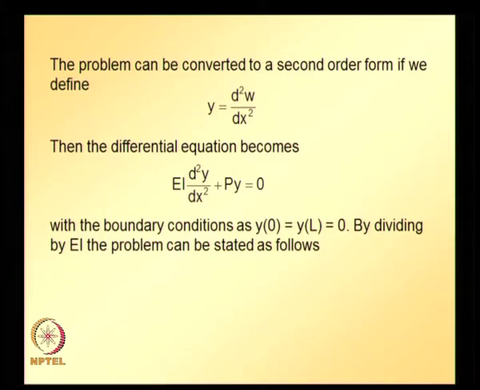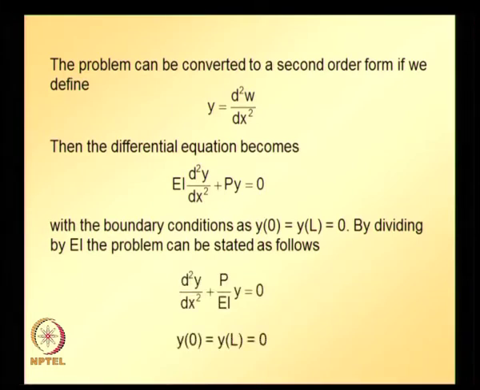We already know that the second derivative of w with respect to x square at x is equal to 0 and at x is equal to L are 0. So making this substitution, we get y at x is equal to 0 and y at x is equal to L is equal to 0. And now the given differential equation, we can rearrange by dividing it with EI.